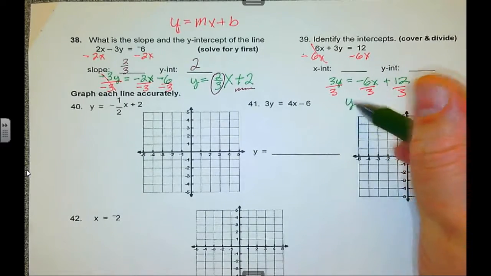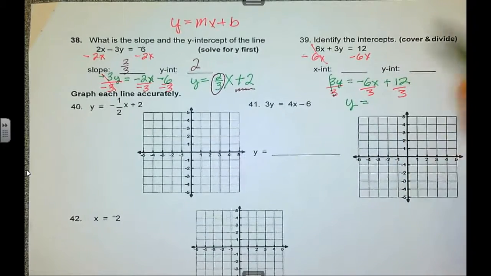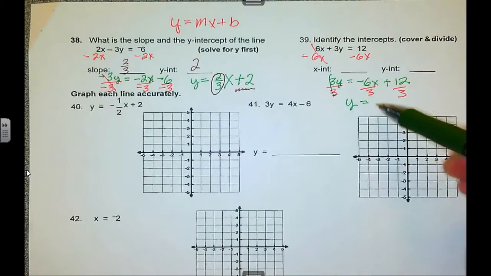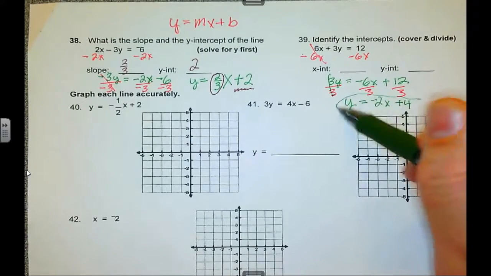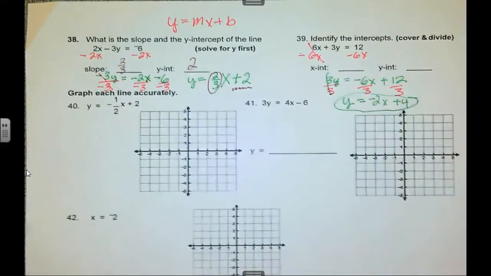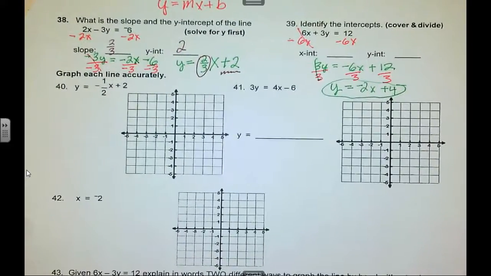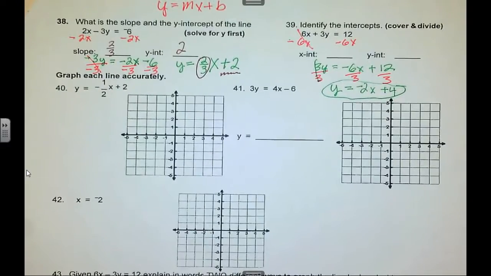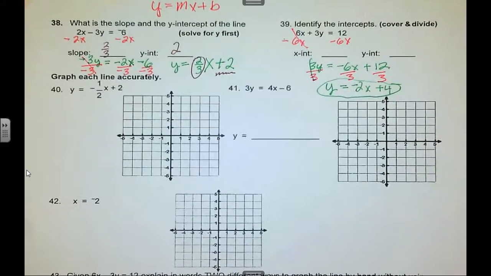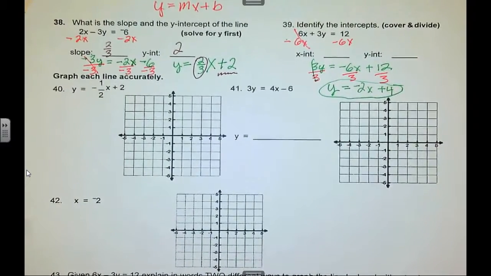So y is going to equal, what'd you say? Negative 2x plus 4. Yeah. I'll have to change that on the final. Well, I can't. I would have to get approval. Yeah, I think I'll just give you the answer.